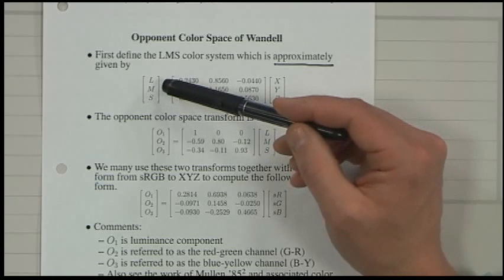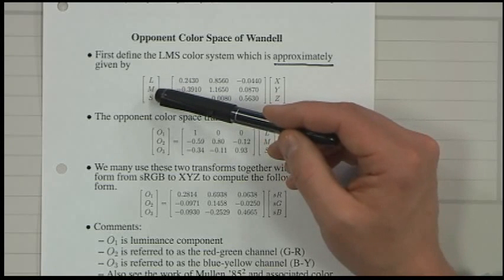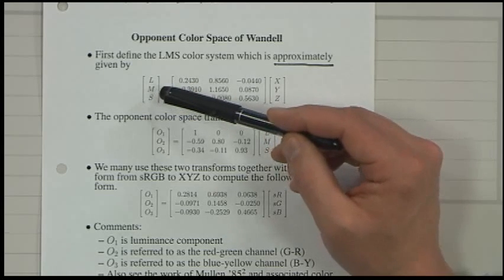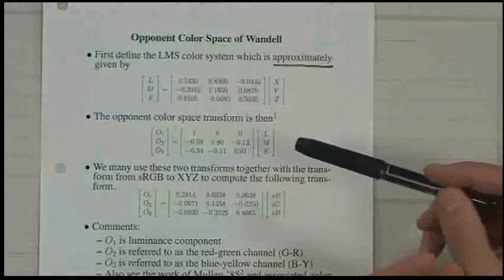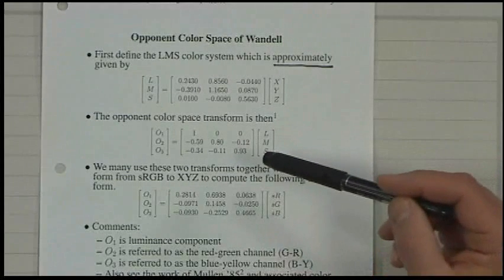So LMS would be the relevant primaries associated with those color matching functions. These are the tristimulus values that would result by using those color matching functions.